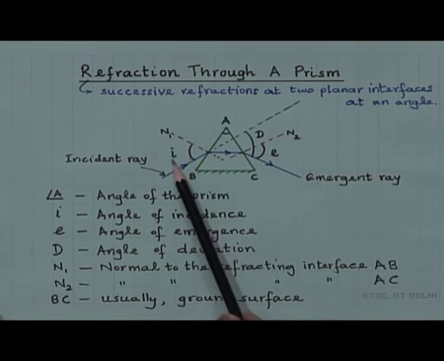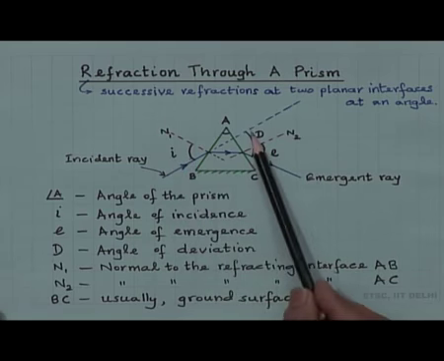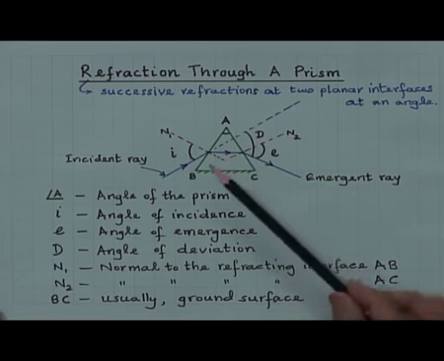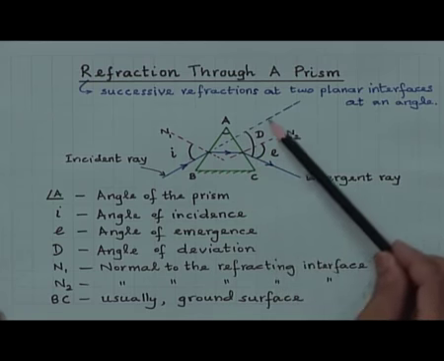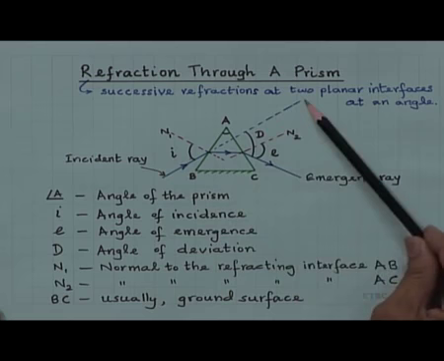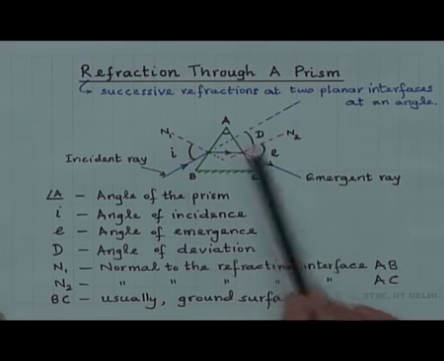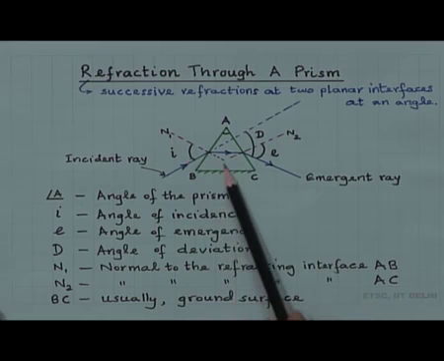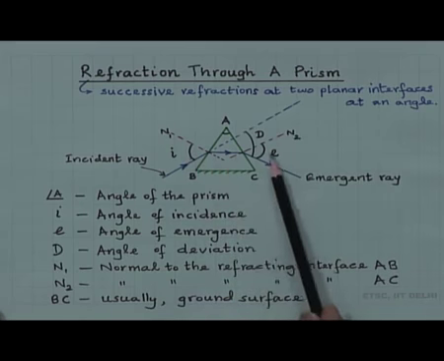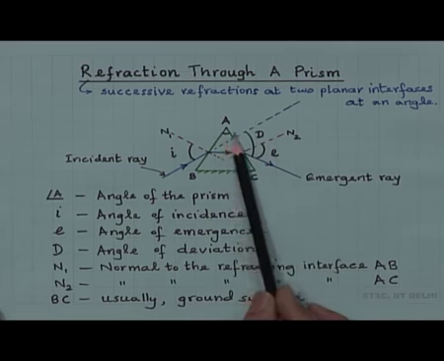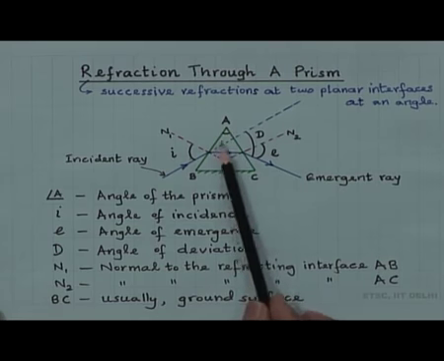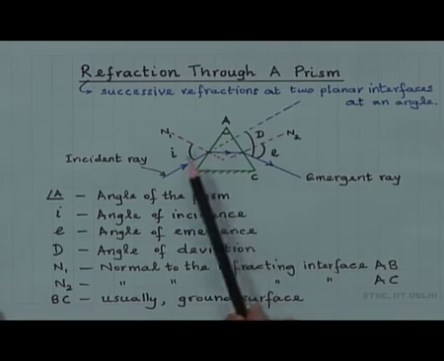I is the angle of incidence here, d is the angle of deviation, that is the angle between the original direction of the incident beam and the emerging ray, and n1 and n2 are the two normals to the surfaces here, and E is the angle of emergence. A is the angle of the prism. It is actually called the refracting angle of the prism.